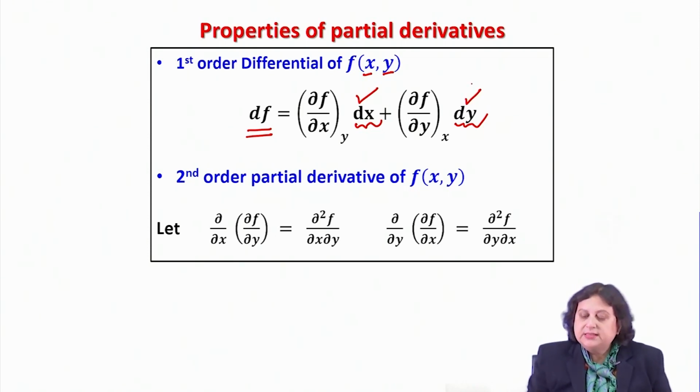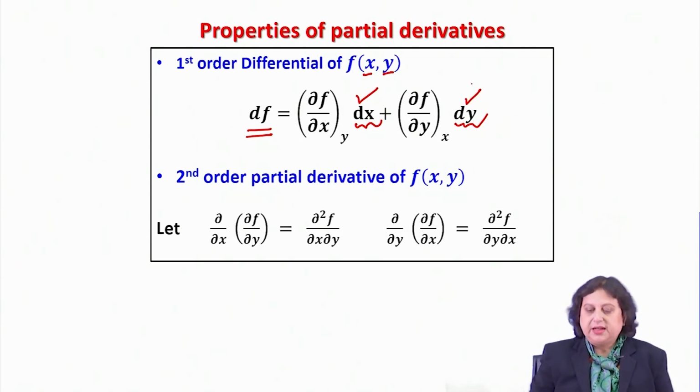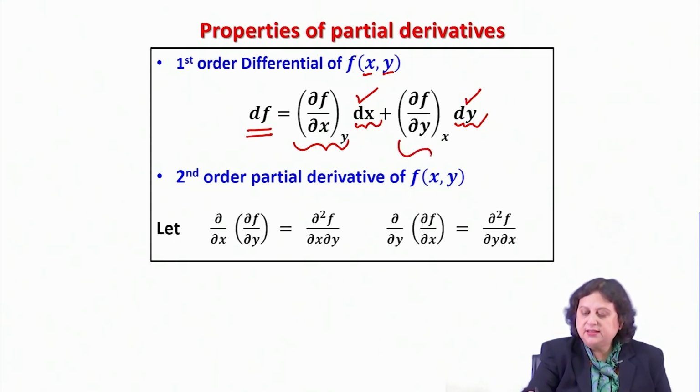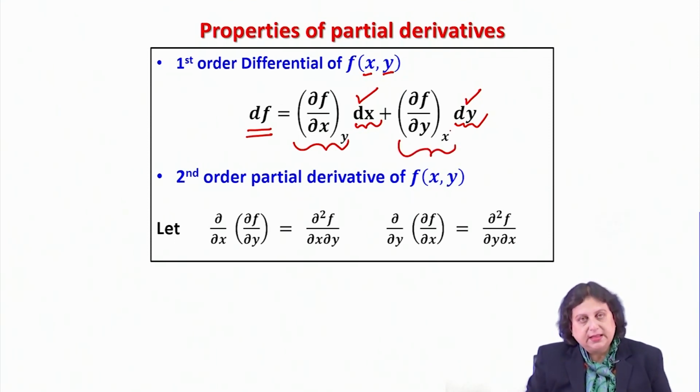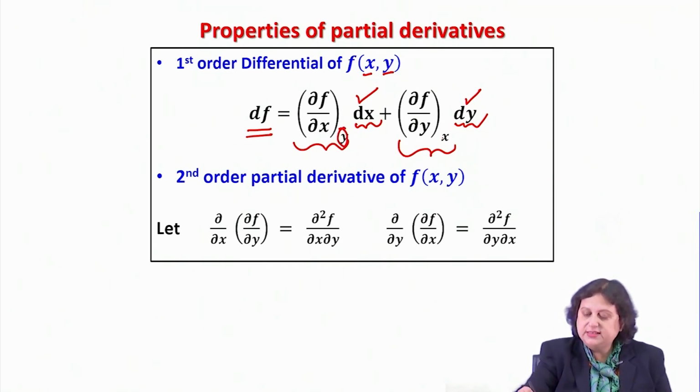And this simple expression tells you that there is a coefficient in front of dx and there is another coefficient in front of dy, and these are nothing but the partial differentiation of the function with respect to the corresponding independent variable, keeping the other independent variable fixed, as you see from here.